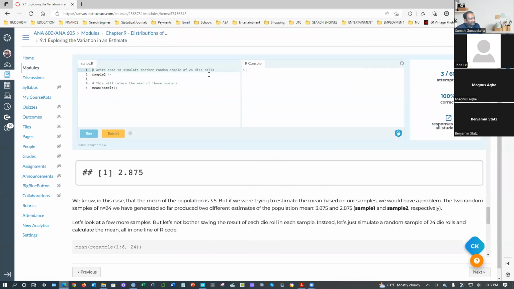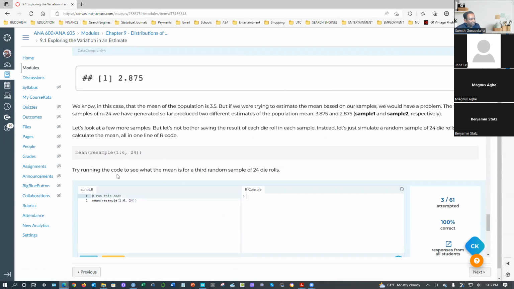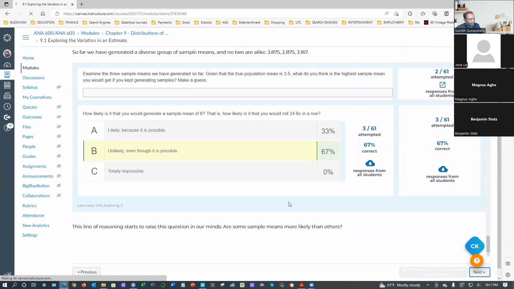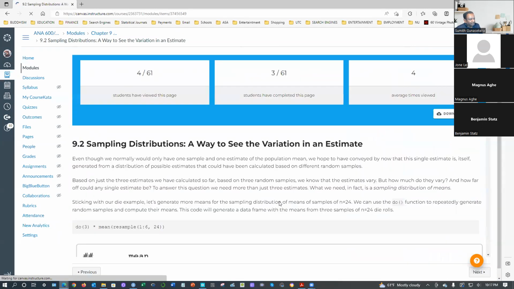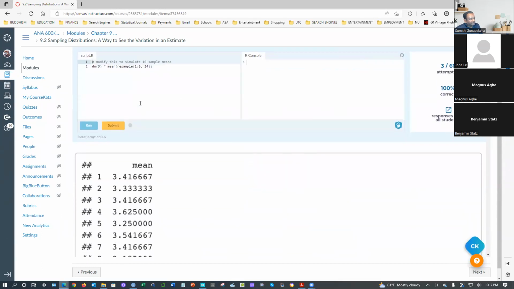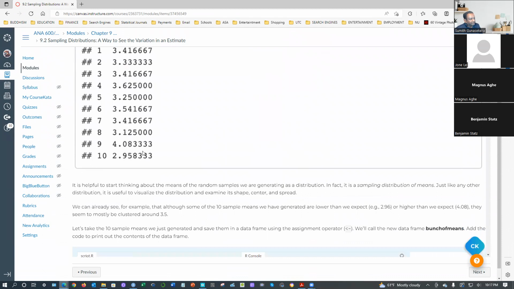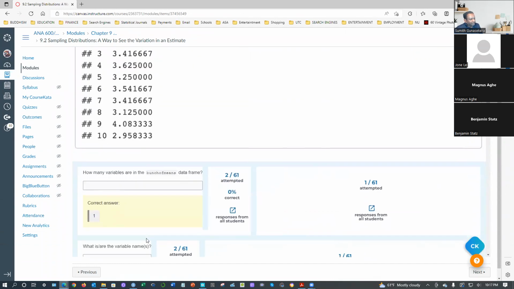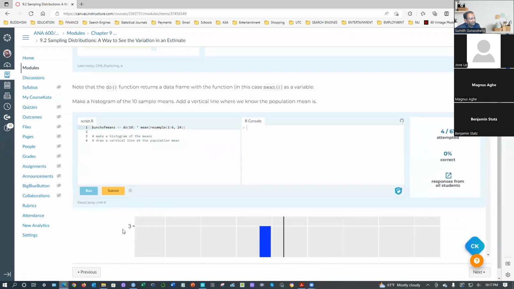Sample 24 several times, and now they come to this step. They come to it step by step, but you can use one shot here. Instead of a couple of times, you can do this 10 times. Then you do this one for 10 means. I call the bunch of means 10 times.